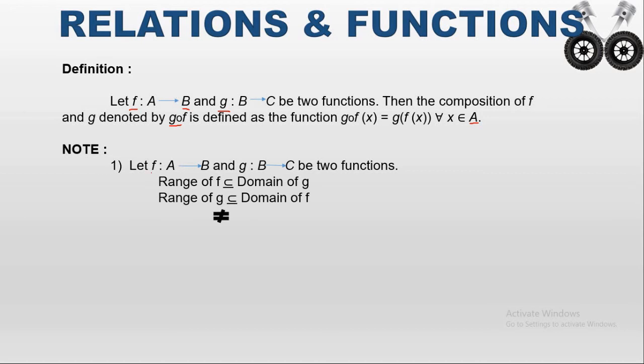For the function f, the range is B. So whatever elements are present in B are a subset of the domain of g. In g, the domain is the set B. So whatever elements are present in the set B in function f are a subset of the elements present in the domain of g.